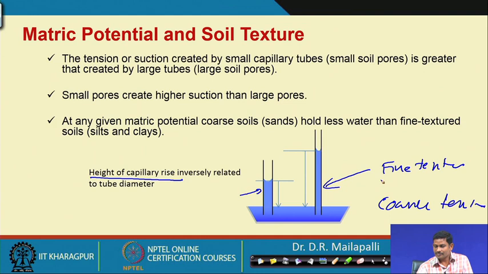Since fine textured soils have smaller pores, the capillary rise is going to be higher compared to coarse textured soils. So the pore size is very important and also influences the matric potential.